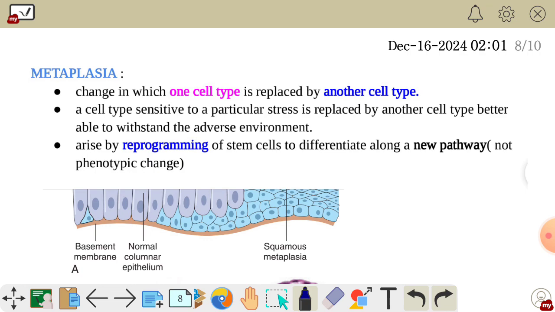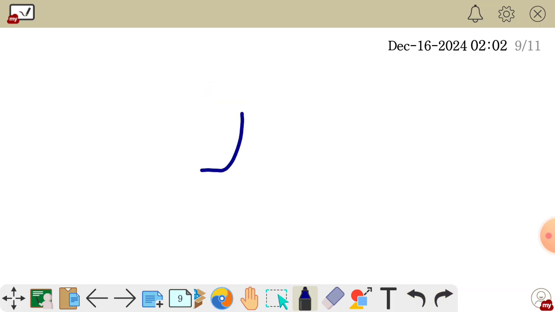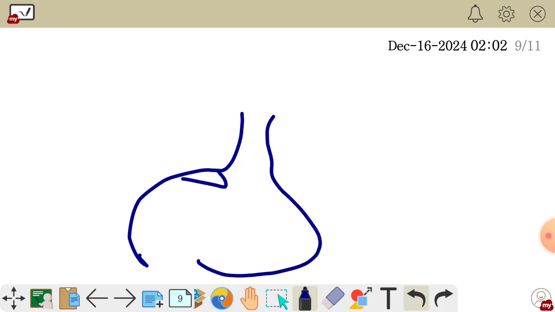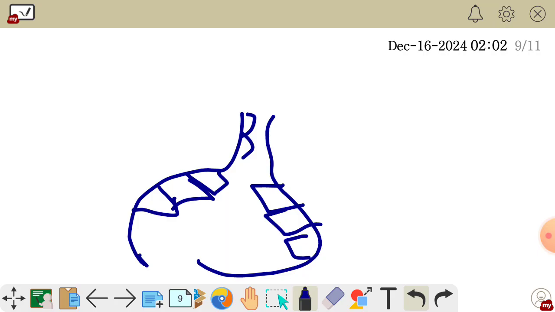The cells of the stomach lining are columnar in shape, adapted to the acid. But the lining of the esophagus, this side, is squamous.